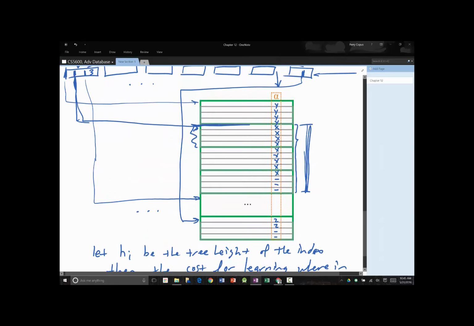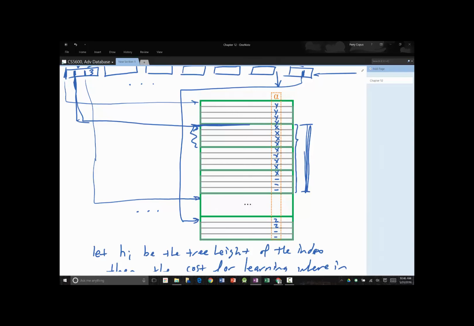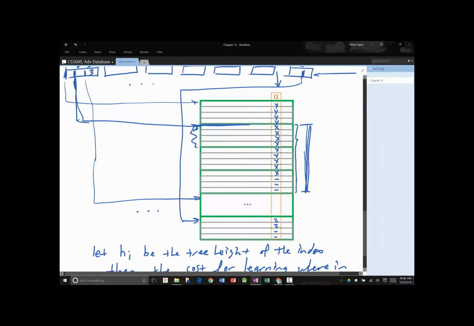But we're not done yet. We only know where in the file to look. We haven't actually found our values yet. So let's say right here I've got 3 different blocks that contain my value where alpha equals x. But let's make it general. Let's say that this is B number of blocks. Okay?